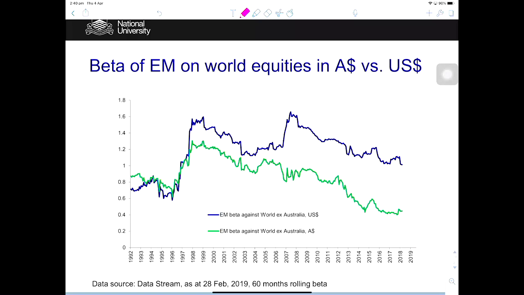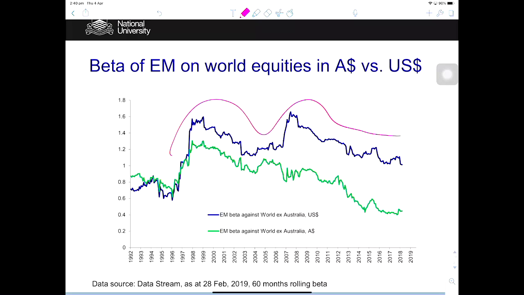So what I do here, with the blue line, is that I run the emerging market return relative to the world equity market return in US dollar. That's probably the experience of US investors or other investors who settle all of their investment in US dollar. That's the most important settlement currency.